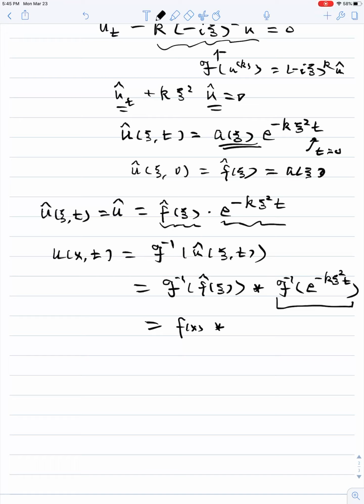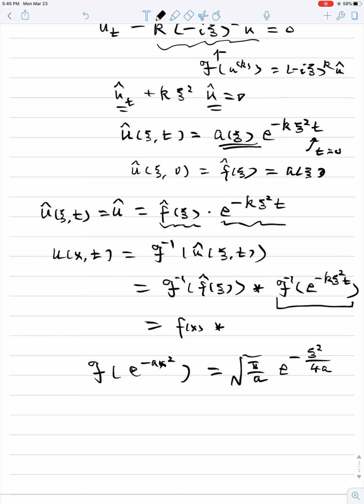We have that the Fourier transform of e^{-ax²} is √(π/a) e^{-ξ²/4a}.